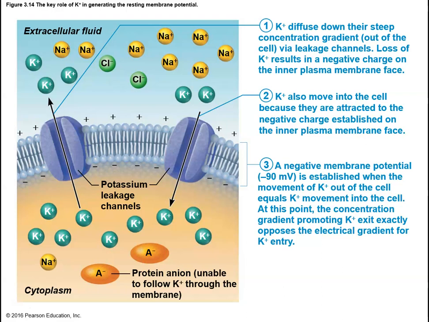If we move a bunch of our potassiums here, the K pluses, inside the cell, that will then cause that electrical current to flip, from positive outside and negative inside, to positive inside and negative outside. And when those charges flip, that generates electricity.